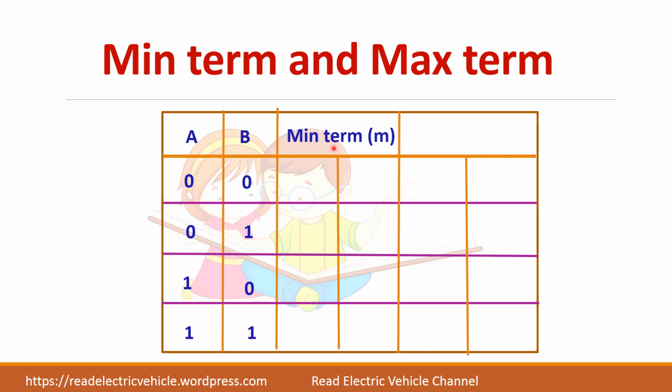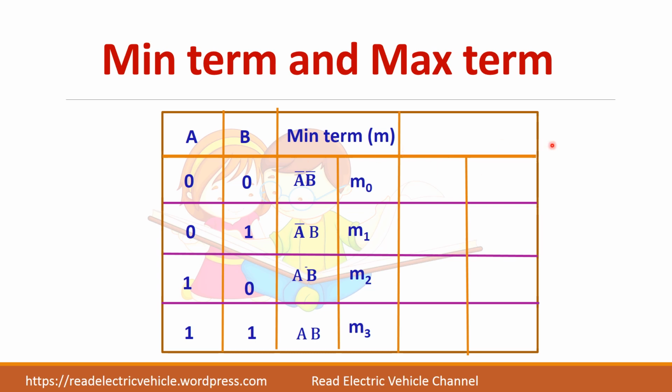If you write in terms of minterm, always 0 should be taken as the complemented form and 1 as the normal form. So it is A bar B bar, A bar B, A B bar, AB, and small m is used to represent the minterms m0, m1, m2 and m3.